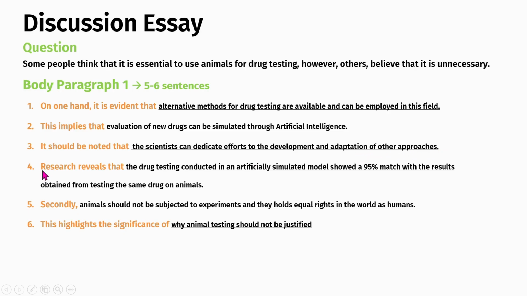Now going to a fourth sentence, which is an example. You have to say something about this. I have no idea about examples related to the alternative methods. So what came to my mind was that I just mentioned that the drugs were tested using artificial intelligence and using animals, and the result was almost a 95% match.